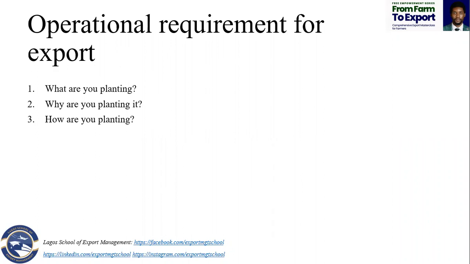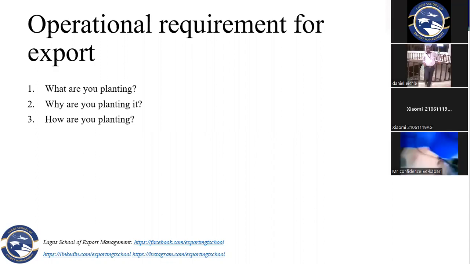So you need to have these plans on ground. Are you just going to use the crop for samples? Maybe you use the crop for samples first, send it out to prospective buyers in India, in Vietnam. Maybe some Indian visitors or some visitors from Vietnam came to check what's going on.